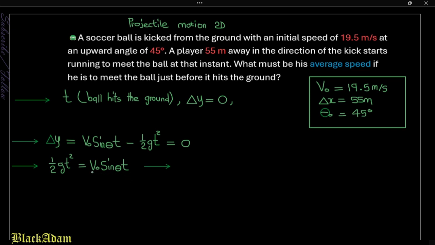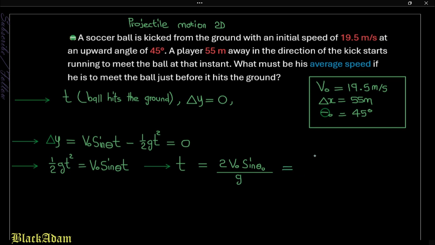Dividing both sides by t, the t cancels, and t squared becomes t. So we have an equation that states that t is going to be 2 times initial speed multiplied by sine theta, where theta is the angle of launch, divided by gravitational acceleration.